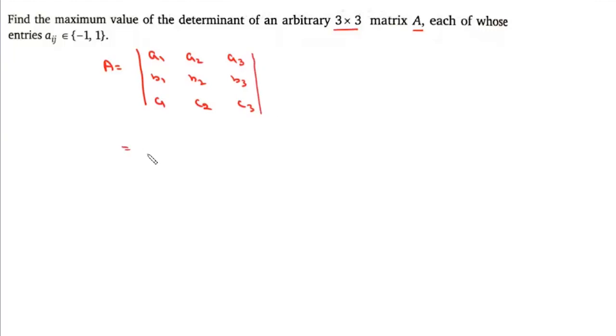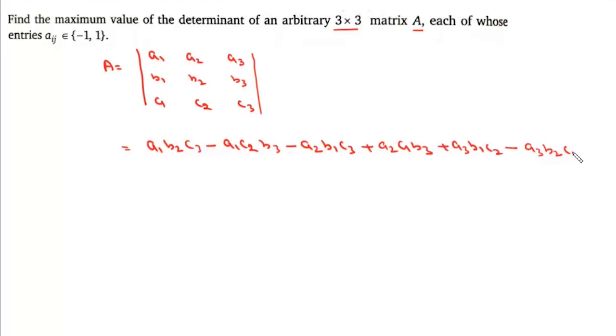We can write this as A1 B2 C3 minus A1 C2 B3 minus A2 B1 C3 plus A2 C1 B3 plus A3 B1 C2 minus A3 B2 C1.